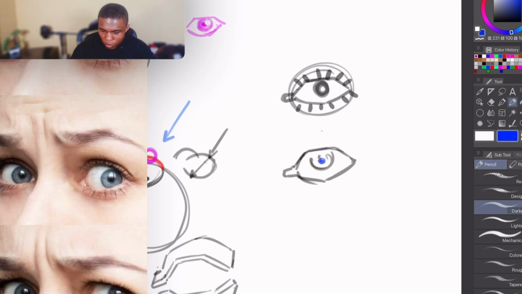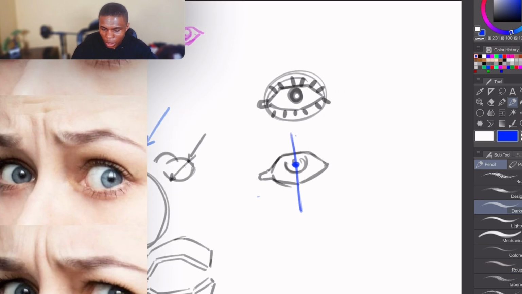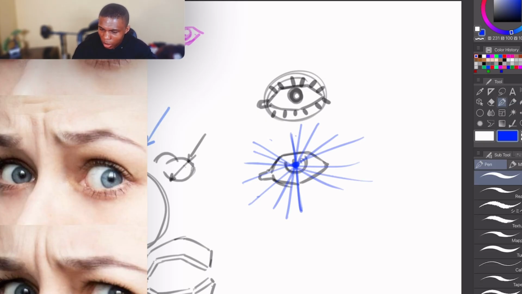So you make this the center of your eye, and then you draw this like this, and then you create radial lines across the eyes like this. So you just do this around the eyelashes. These lines are kind of like guidelines for you, and then you can apply your eyelashes.